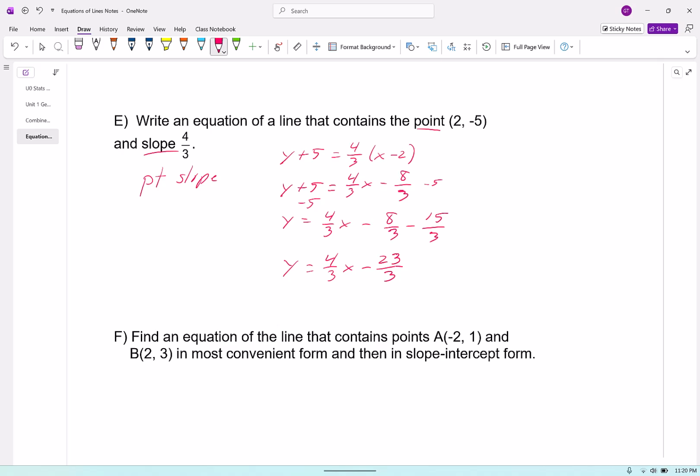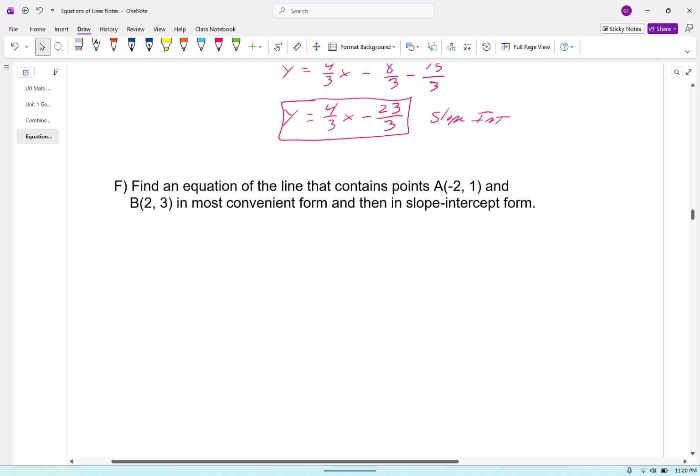So I got my slope-intercept form, and then technically, right here is my point slope.